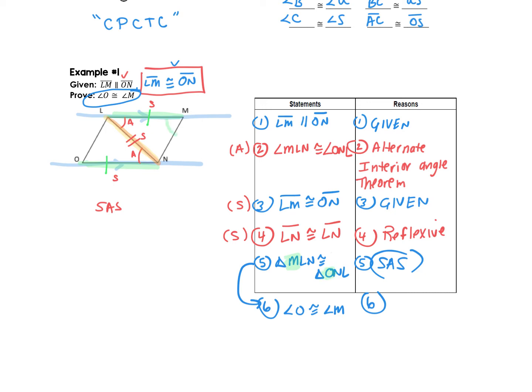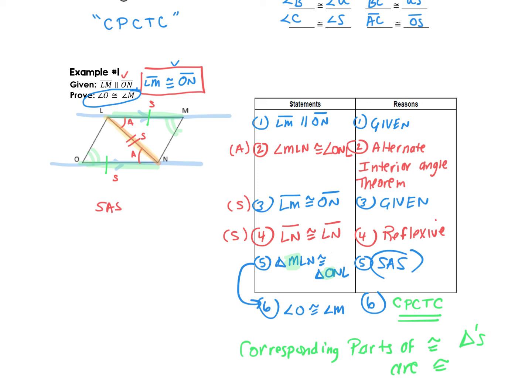So that would be enough for us to say that they're congruent because they are corresponding parts of congruent triangles, so they're congruent. Again, corresponding parts of congruent triangles are congruent. And that's why we write CPCTC for short.